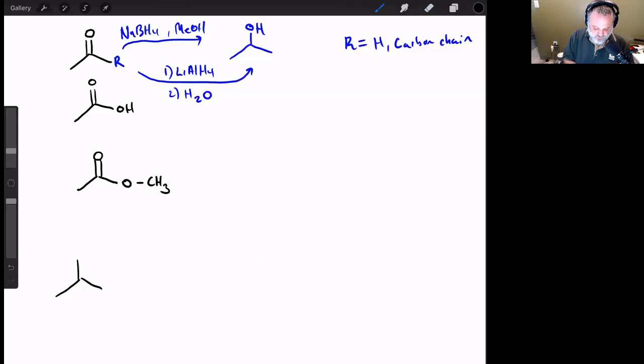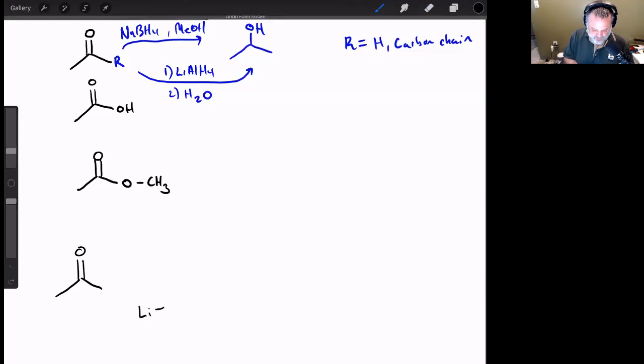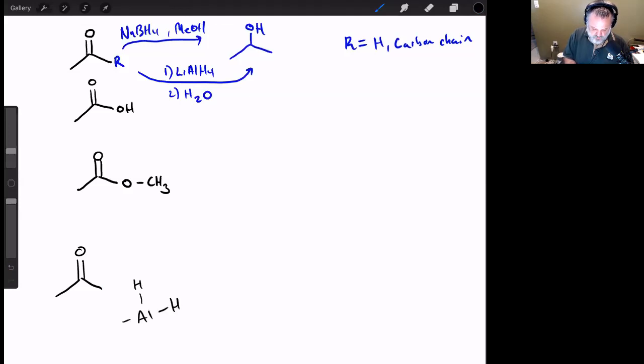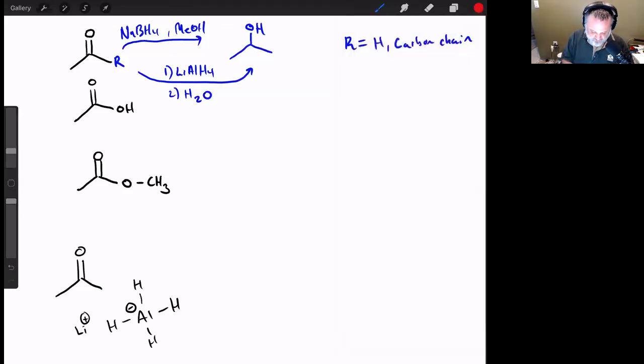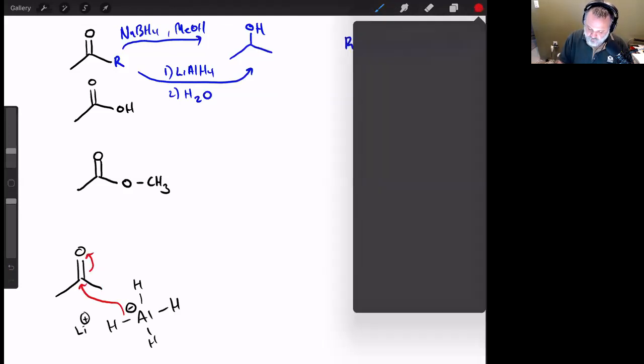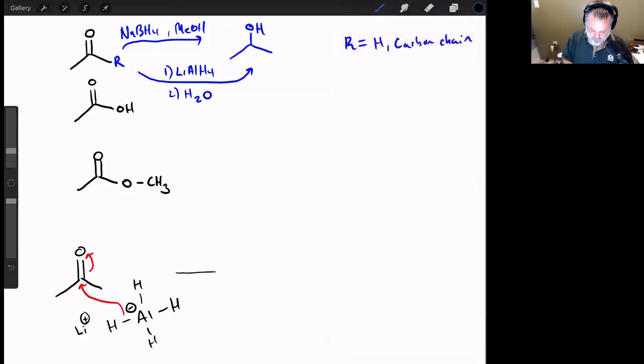If I have an aldehyde or a ketone, and I have lithium aluminum hydride, remember that the aluminum would want to have 3 bonds, so it's negatively charged. The lithium is the counter ion. This is a hydride delivery machine. So most all the time, hydride acts as a base.